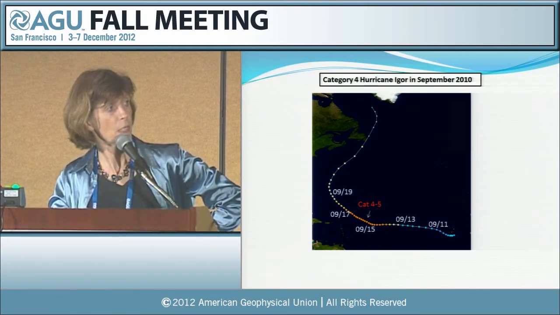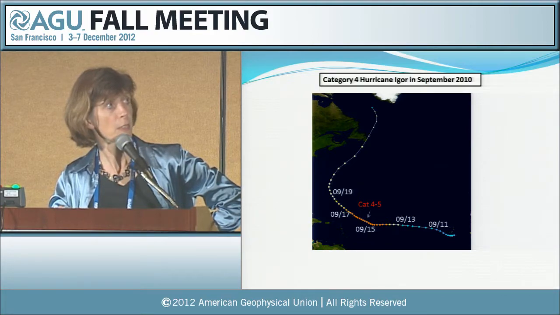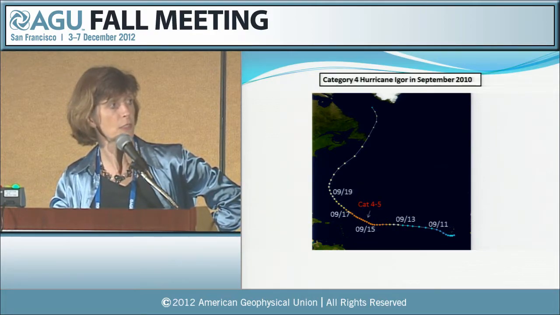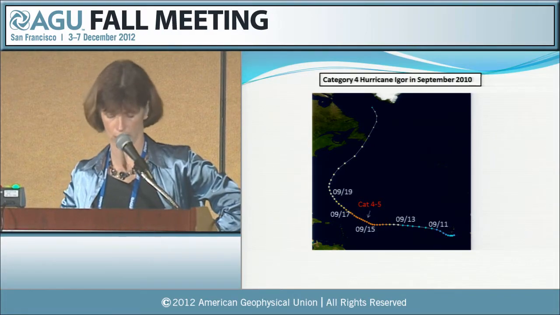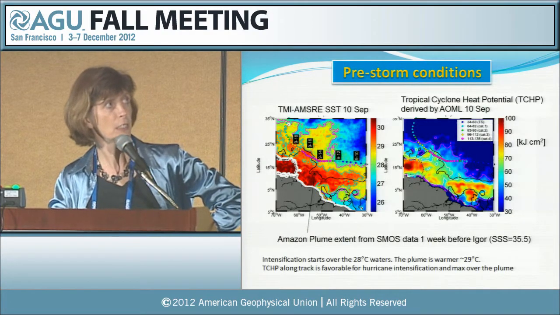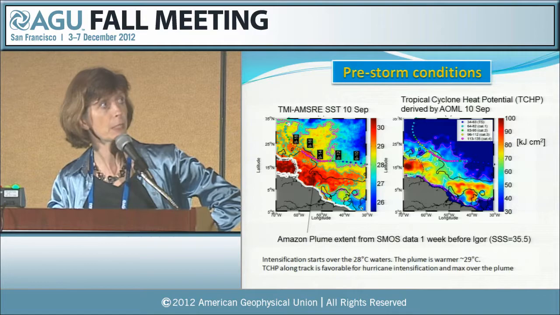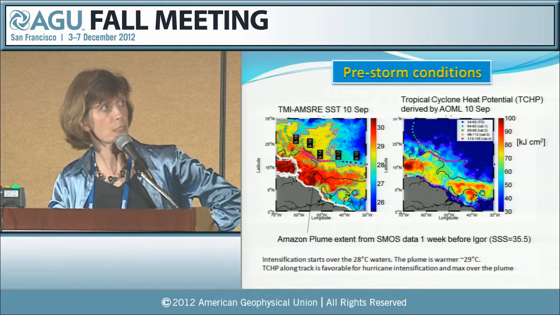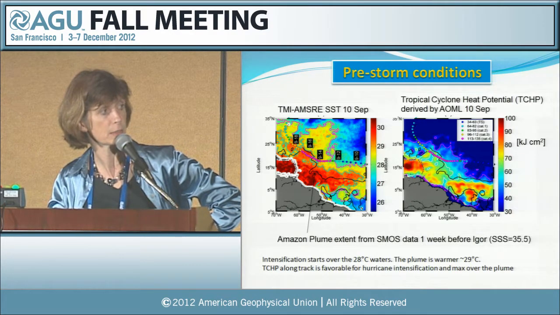First, the case of Hurricane Igor in September 2010. You can see the trajectory of the cyclone here, and they present the pre-storm conditions. In particular, you can see the sea surface temperature map, and superimposed on this map, the black line indicates the freshwater plume as deduced from SMOS salinities.